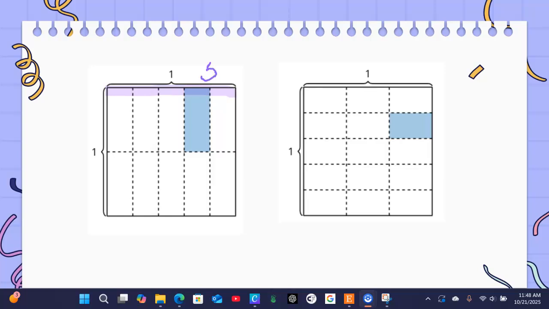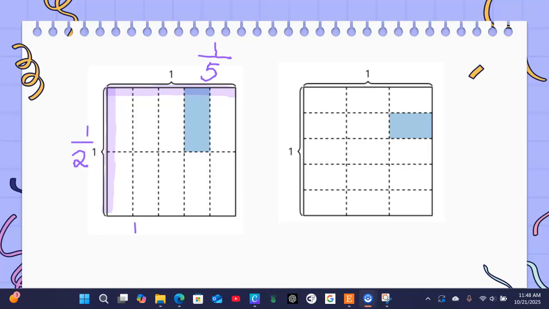So I know that my image is partitioned into fifths, and we'll have one portion shaded. Now this side is going to be halves. So that would be 1/2 because there's one portion shaded.